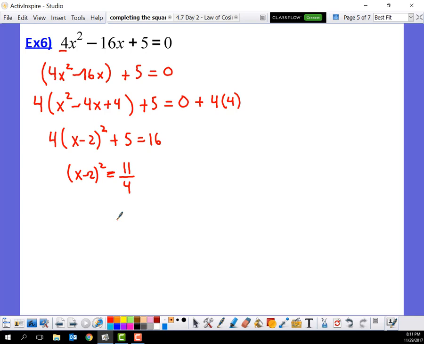So you get 11 over 4. Now we can take the square root of both sides, so we get x minus 2 equals plus or minus the square root of 11 over 4. Add the 2 to both sides, so we get x equals 2 plus or minus the square root of 11 all over 2. Final answer.